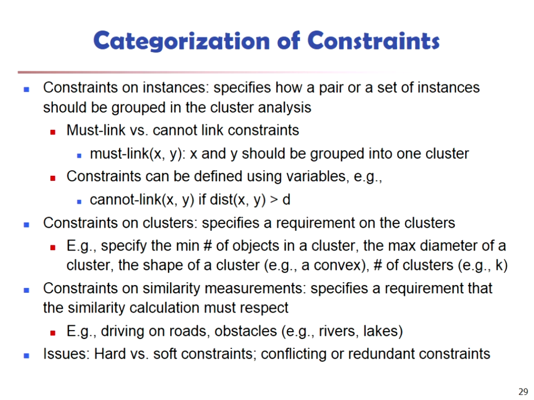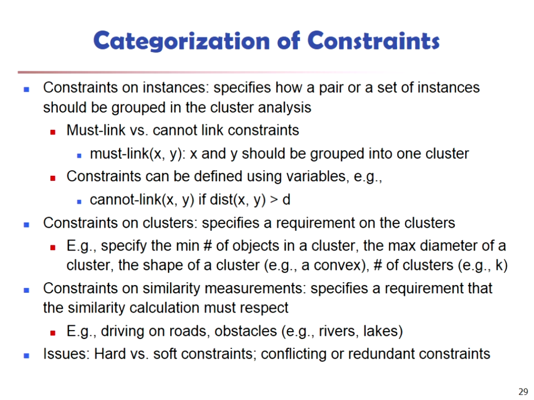Let's begin with the first category. Constraints on instances specify how a pair or a set of instances should be grouped in the cluster analysis. Is it clear? For example, must-link versus cannot-link constraints. So what's the meaning of must-link X, Y?